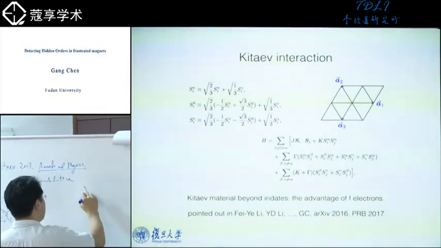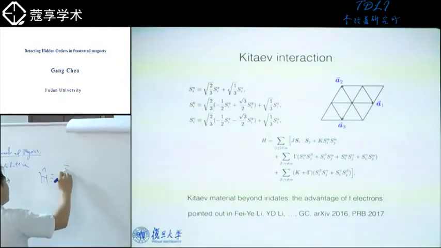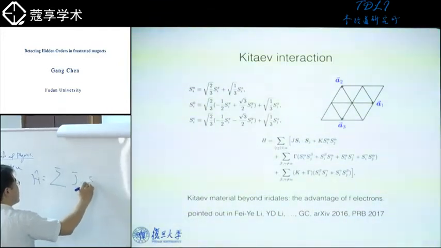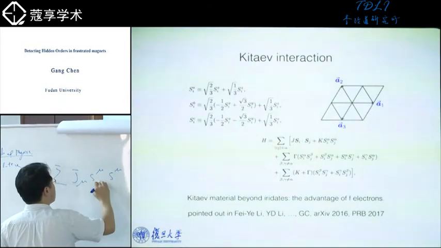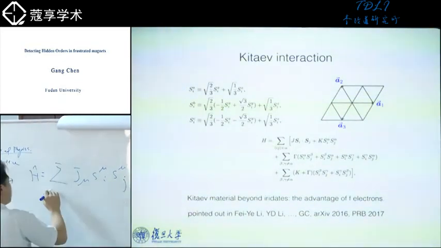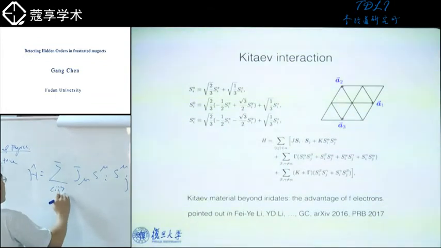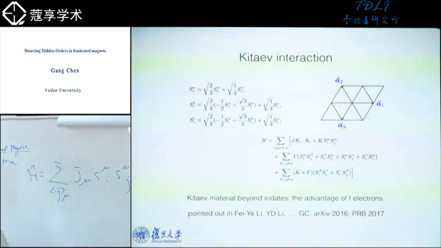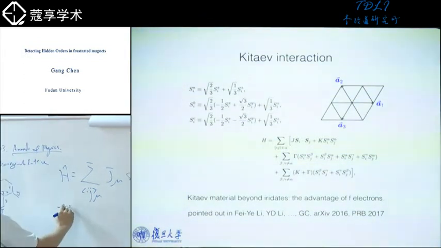So the model he wrote down is this. What does this mean? mu equal to x, y, z.